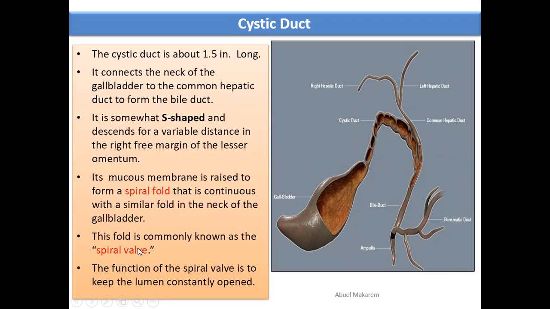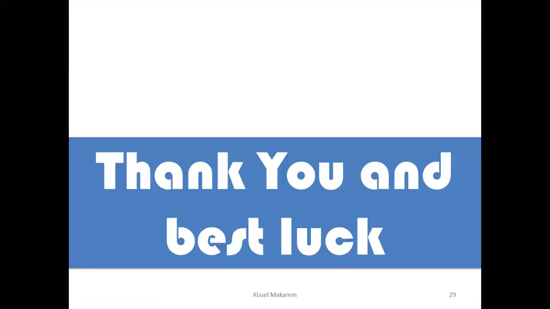These folds are commonly known as the spiral valve. The function of the spiral valve is to keep the lumen constantly open. Usually valves keep the lumen closed, but because of its spiral nature, it always keeps the lumen open.